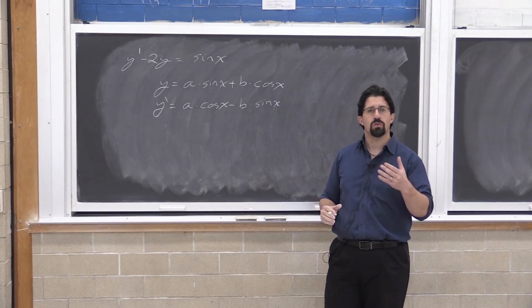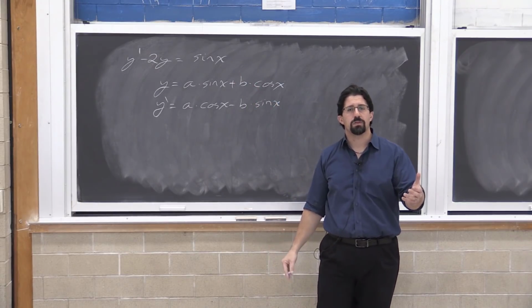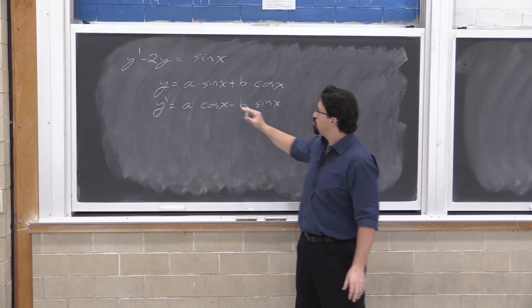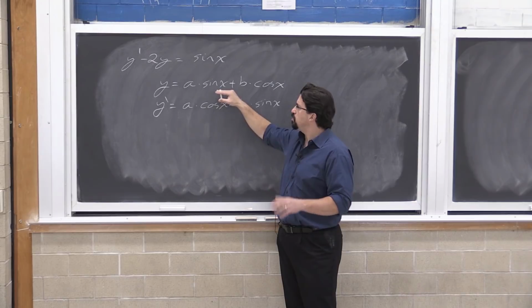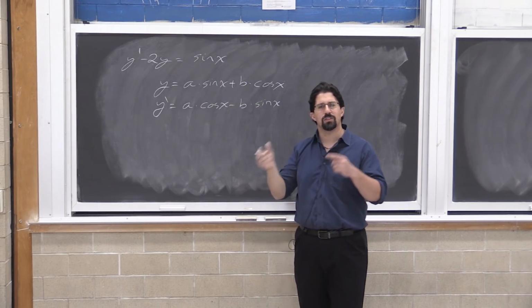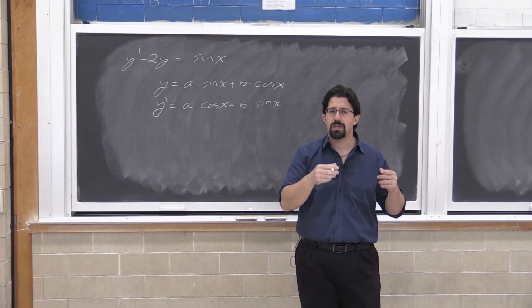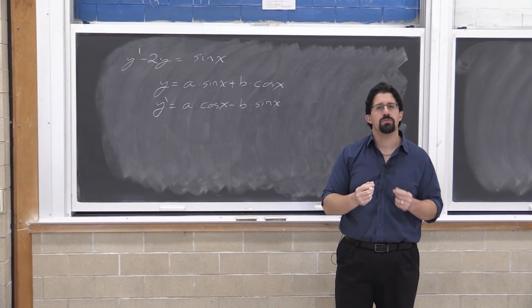When we have a more complicated function, sine of x, an exponential perhaps, anything out of the ordinary, we make sure that our function over here has not just the function that you're looking at, but also that the derivatives, and possibly second and third and fourth derivatives, however many you might end up needing, are all going to be able to cancel out.